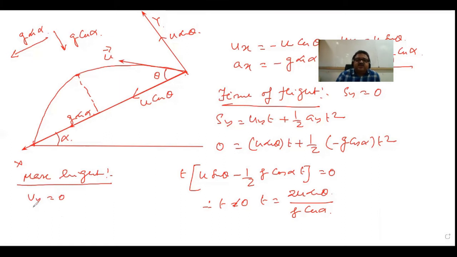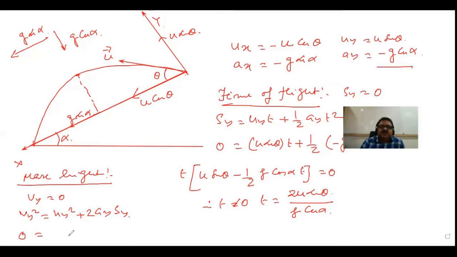So if I take Vy equal to 0, applying the formula V squared equals U squared plus 2 Ay Sy, with Vy equal to 0, the value of Uy is u sin theta, squared, plus 2 Ay, where Ay is minus g cos alpha.